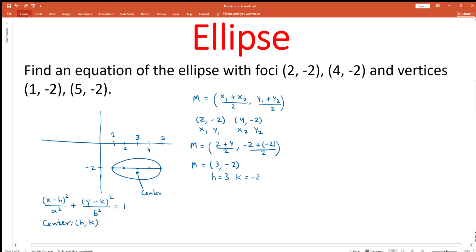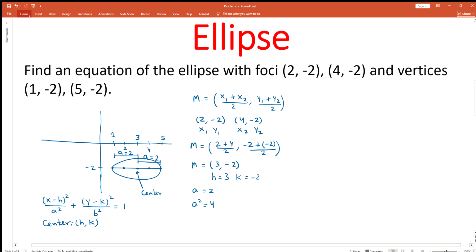The distance from the center to the vertex on the right side is 2 units. Therefore, a is equal to 2. Similarly, the distance from the center to the vertex on the left side is 2 units. So a is equal to 2. Therefore, a squared is equal to 4.